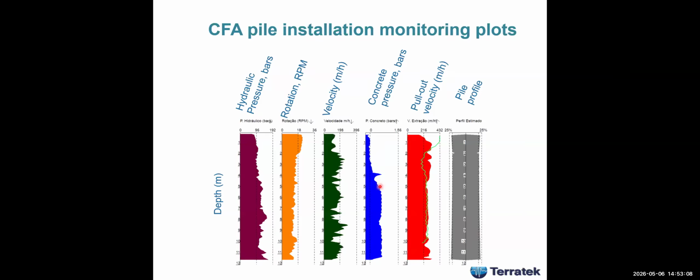What's the advantage of this? You have to look especially at the pile profile. This is the most important one, in order to check if there is any kind of defect in the pile.